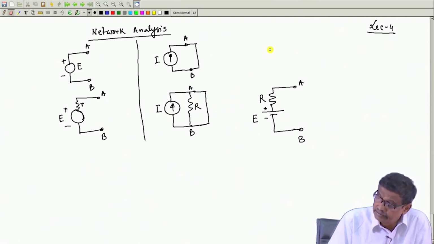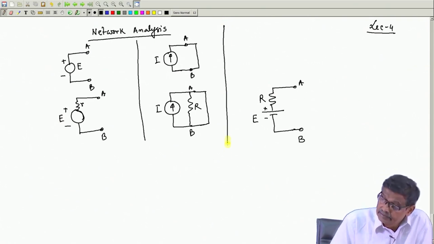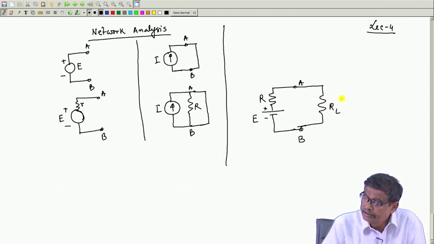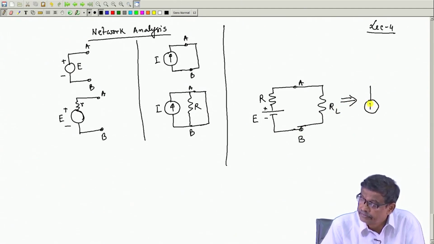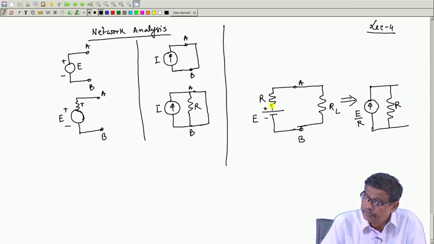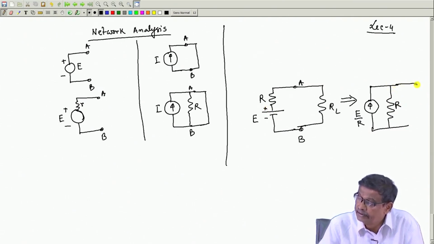So, any circuit with a practical voltage source and a load impedance R_L connected is equivalent to a current source across A B, whose value will be E by R. This we have discussed: E by R in parallel with this resistance R, the internal resistance of the battery, and then the load resistance.